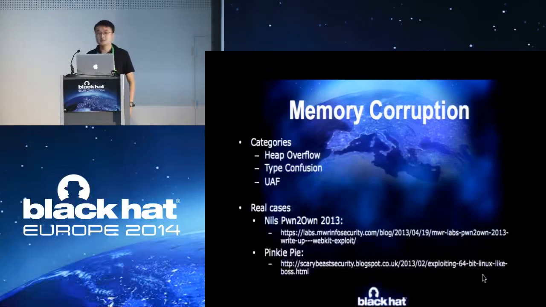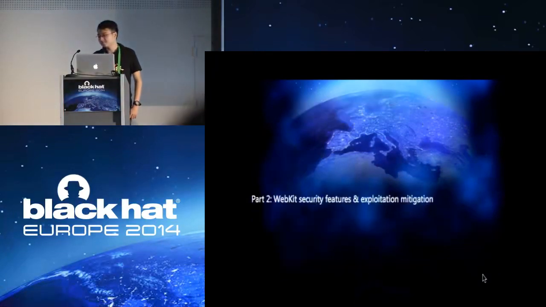The typical example is Nils's Pwn2Own 2013, in which he used a type confusion vulnerability to pwn the latest Chrome browser, and also Pinkie Pie's Chrome exploit on Linux 64-bit, which is very exciting.